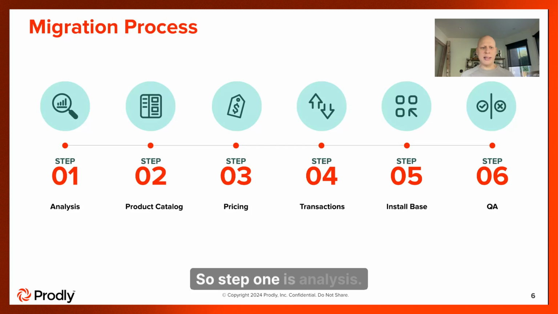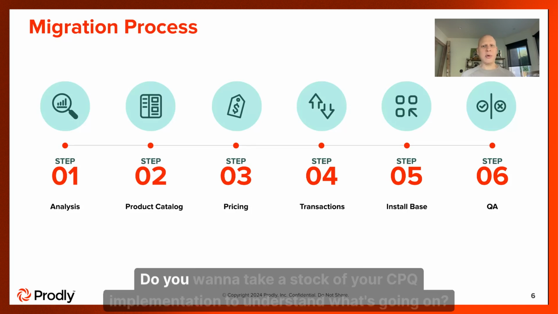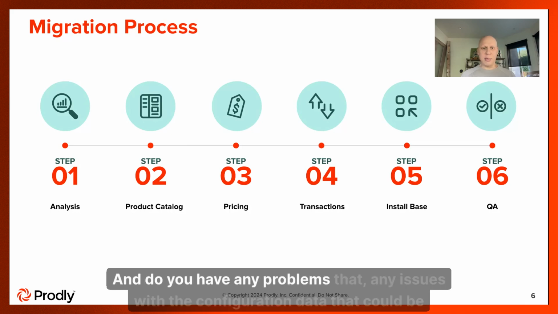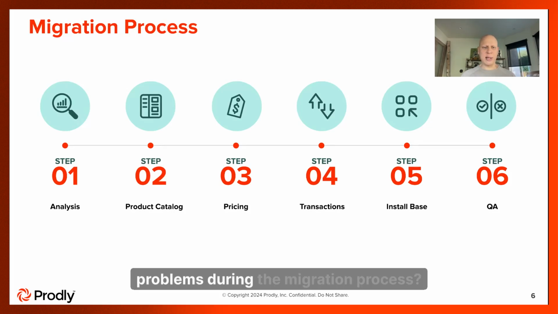So step 1 is analysis. You want to take stock of your CPQ implementation to understand what's going on, what the configuration data looks like in there, and whether you have any issues with the configuration data that could be problems during the migration process.